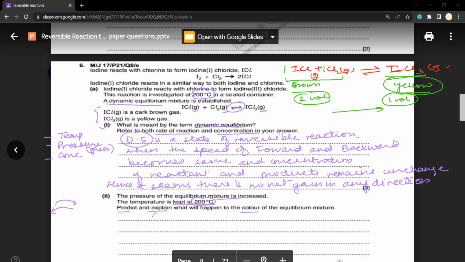So I will predict that the forward reaction will be favored as an increase in pressure favors reduced volume.